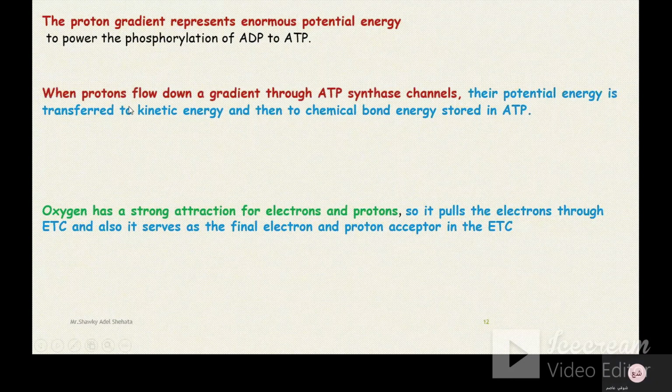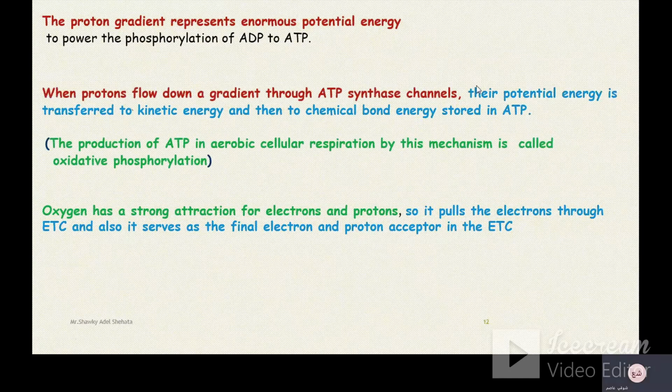How is that? When the protons flow down the gradient through the ATP synthase channel, their potential energy is transferred into kinetic energy and then to the chemical bond stored in the ATP. The production of ATP in aerobic cellular respiration by this mechanism is called oxidative phosphorylation.